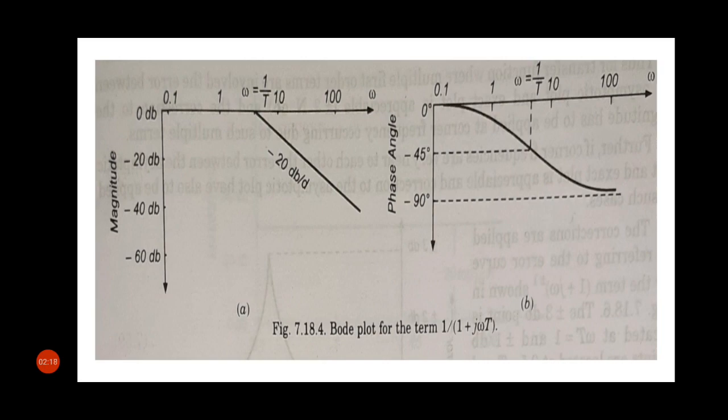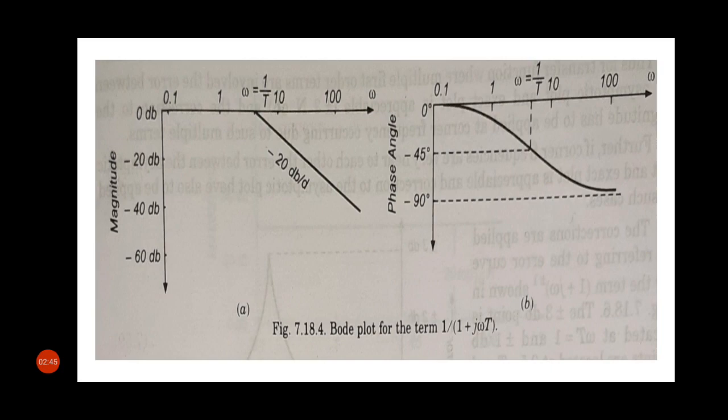Okay, so in view of equation 7.58 and 7.59, the graph for case 1 is, if omega t is very less than 1, that means at very low frequency omega t is negligible as compared to 1, then our magnitude is 0 dB. And for case 2, when omega t is very greater than 1, that means very high frequency, 1 is negligible as compared to omega t.